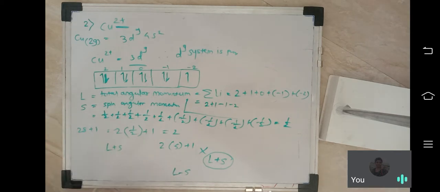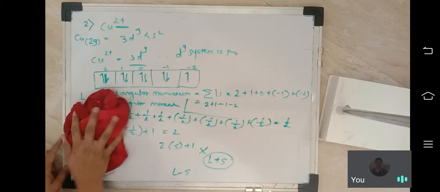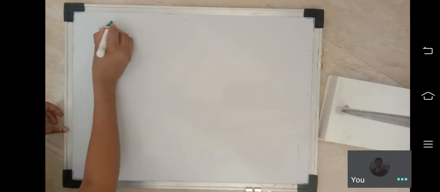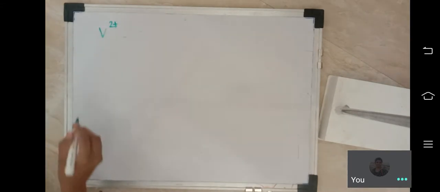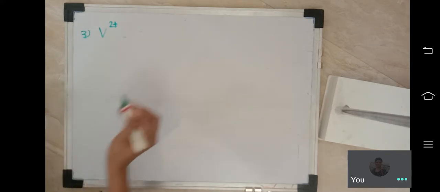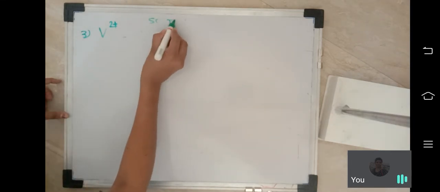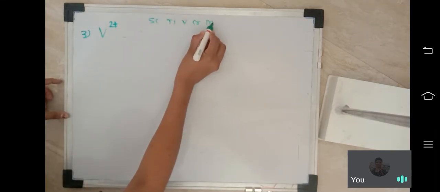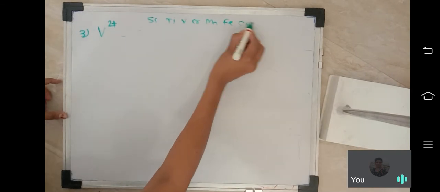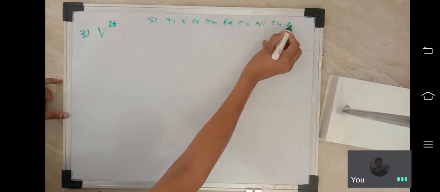Then we see the next example, vanadium 2+. This is the third example. The series is from titanium to zinc. Here vanadium is there.